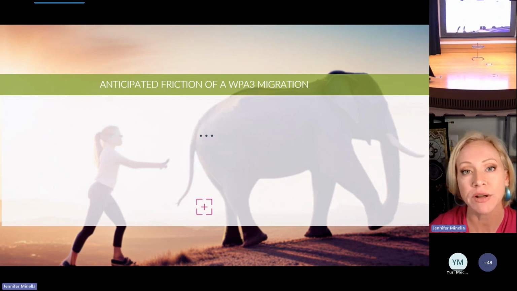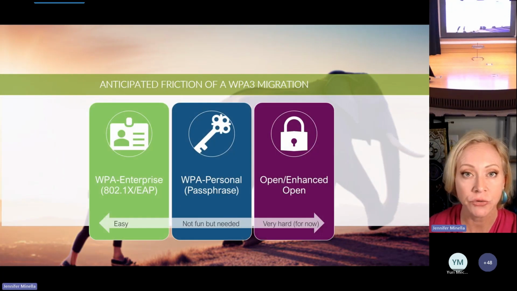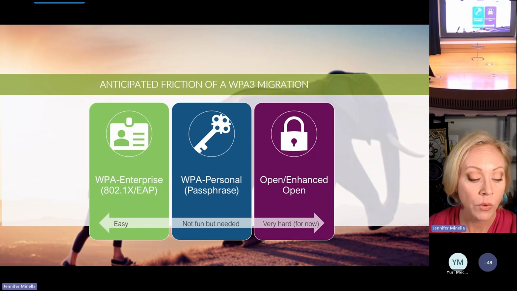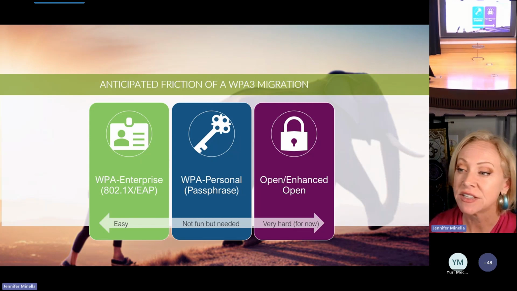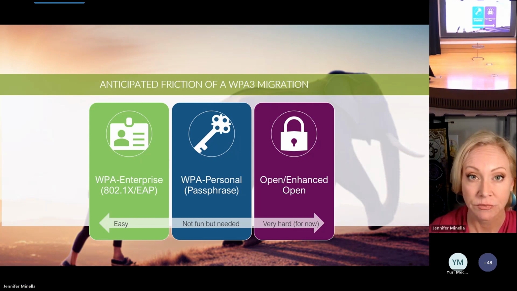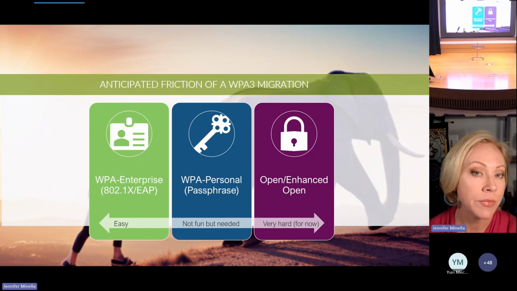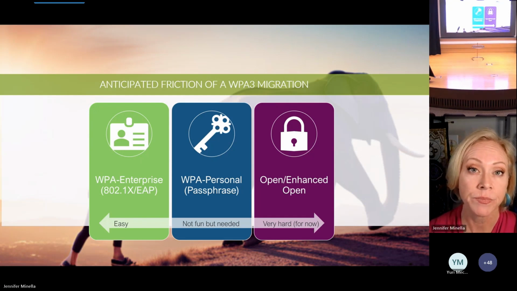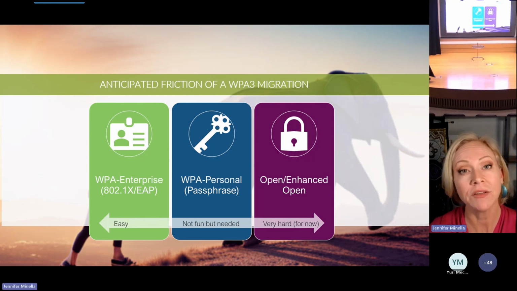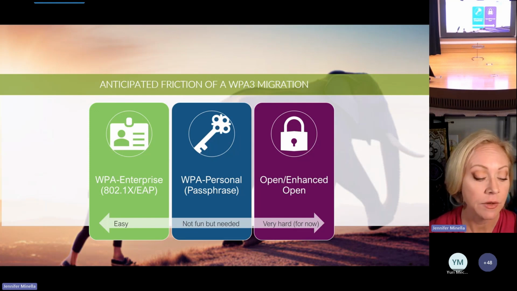When you're doing a migration from WPA2 to 3, what you'll notice is on an enterprise class network where we're doing 802.1x, easy, easy. I'm not going to promise you'll never have a problem, but you can do 2 things. You can usually just enable transition mode to support WPA2 and 3 together on the same network.